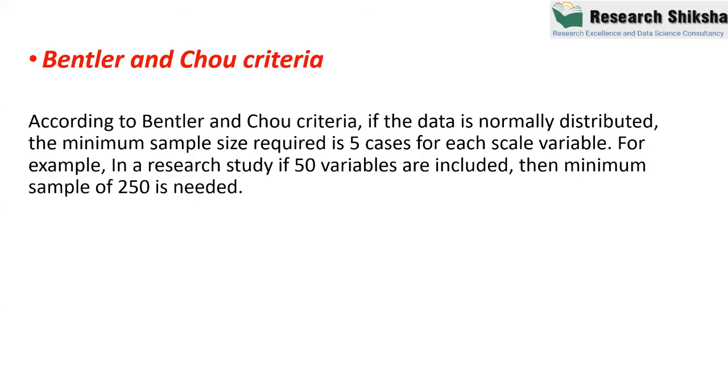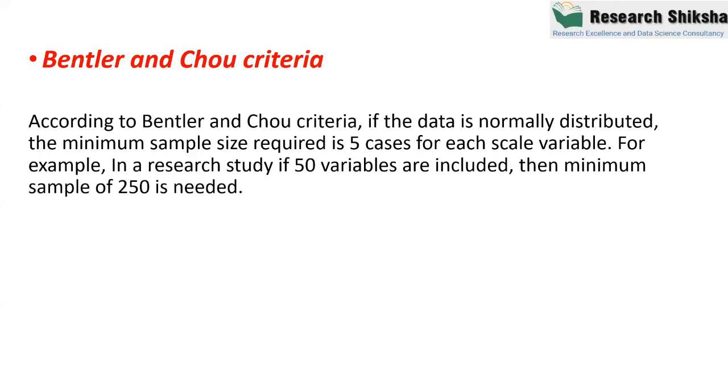Now, what is this Bentler and Chou criteria? It says that if your data is normally distributed, and you are satisfying the criteria of 5 cases for each scale variable, then your sample size is sufficient.